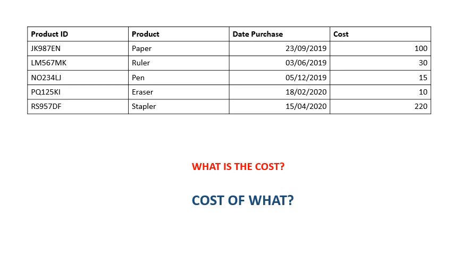So for me to get an answer from you, I would have to give you a reference for you to refer to, to give me that specific result. So let's do this. What if I said, give me the cost of pen?